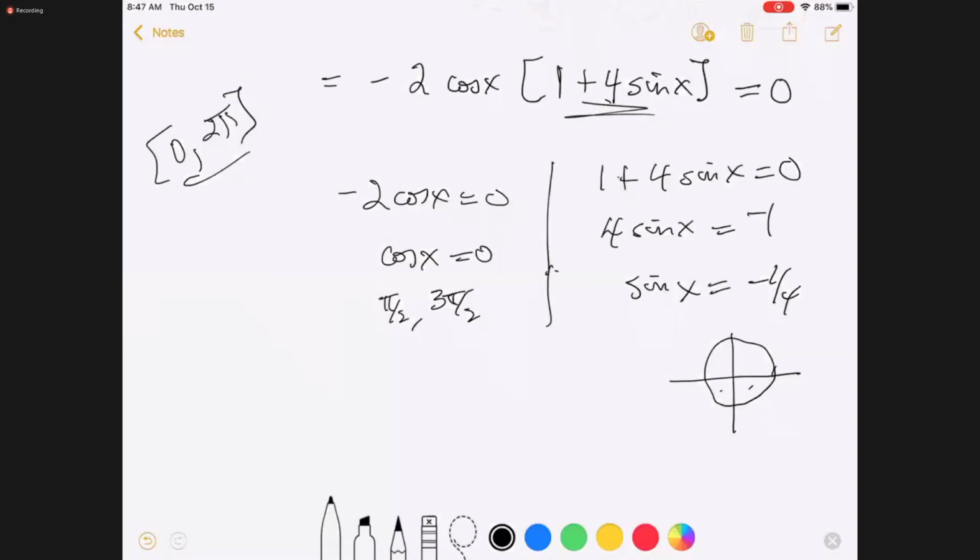But I'm just going to use the fact that there are two values where y is minus 1/4. I'm going to call one A1 and the other one A2.